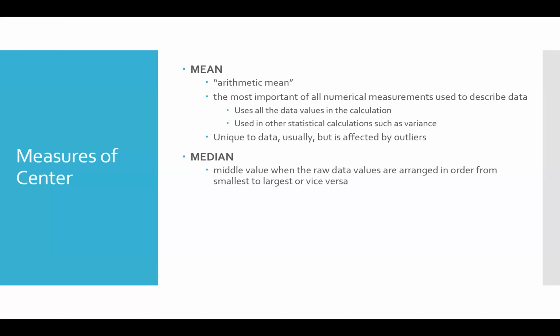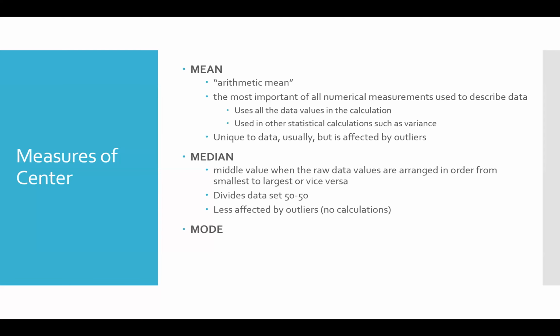So I'm not really calculating, I'm simply locating the middle of the data set. The median is not affected by the outliers, and it actually does divide the data set 50-50, so that you have 50% of the data below the median and 50% above the median. That's your 50-50 mark. And again, it's less affected by the outliers.